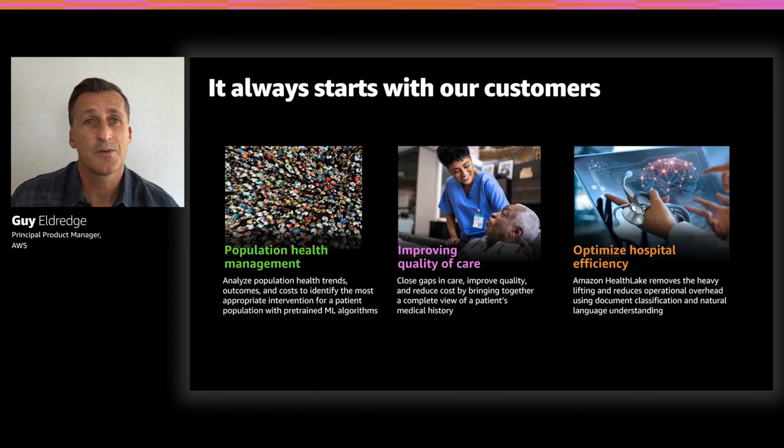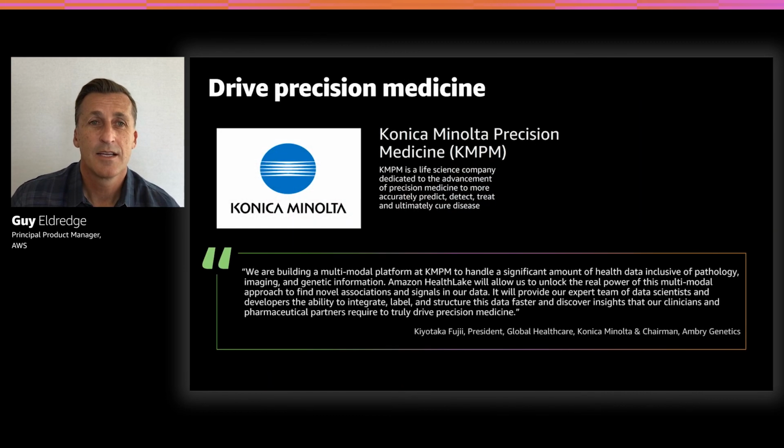Now that we've taken you through how it works, here are some examples of how customers are looking at Amazon HealthLake across population health, improving quality of care, and optimizing hospital efficiency. Konica Minolta Precision Medicine is building a multimodal precision medicine platform to discover new clinical insights and relationships, by having all their clinical structured and unstructured data continuously tagged and indexed so they can easily search and query the data.